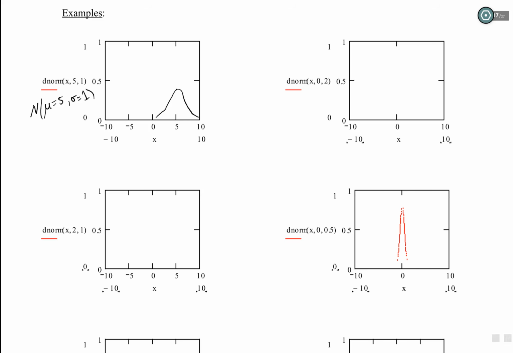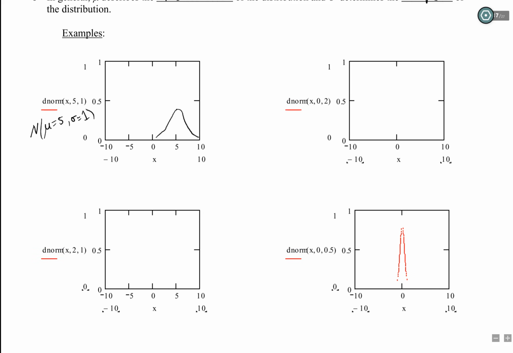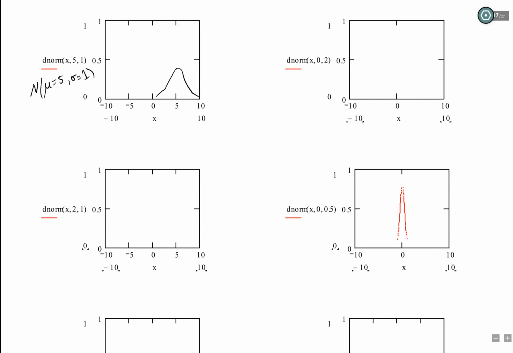What I'm going to do in the left column of this table of figures here, I'm going to allow the mean of my normal distribution to change. So I'm going to go from mu equal to 5 to mu equal to 2, but I'm going to keep sigma at 1.